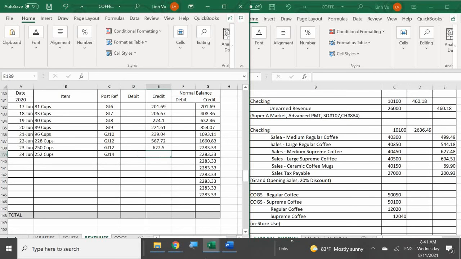General Journal 14, and it's 627.48. Which gave me a balance of 2,910.81. Good.